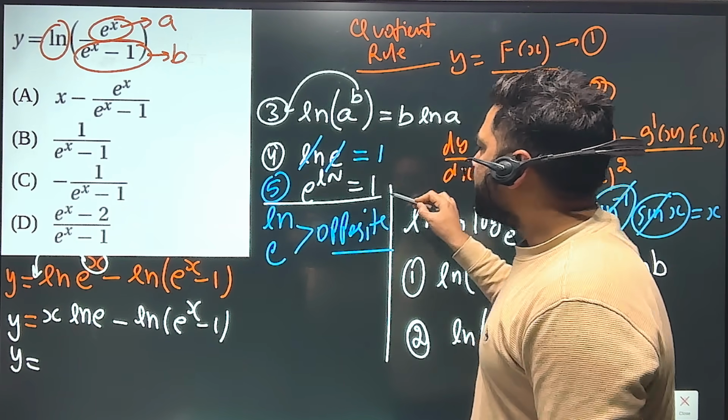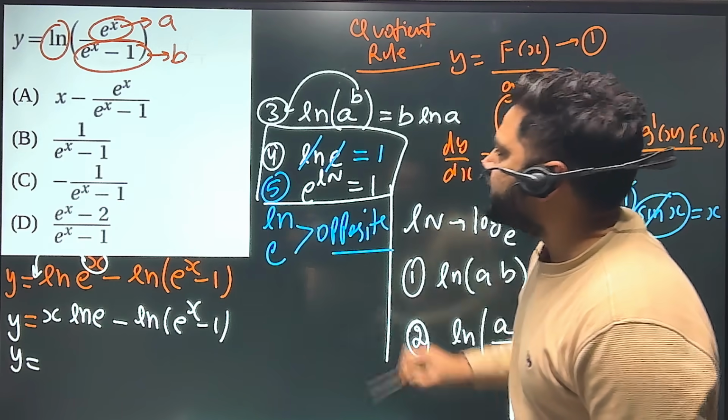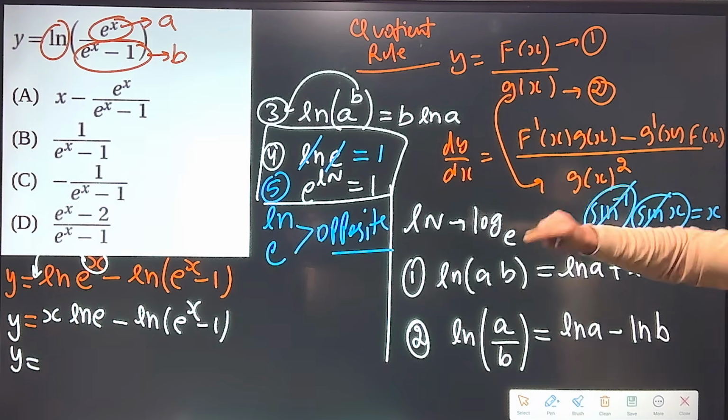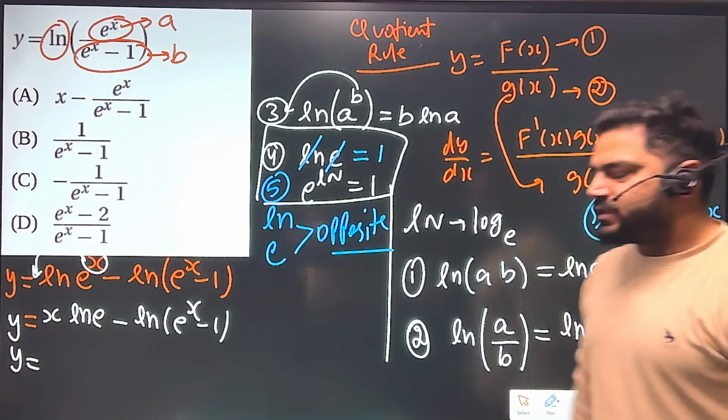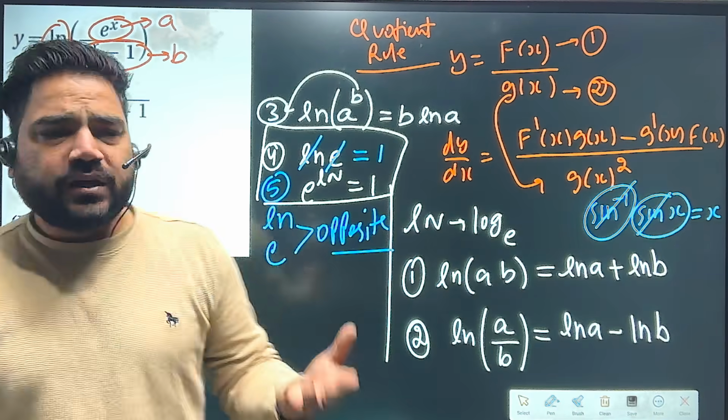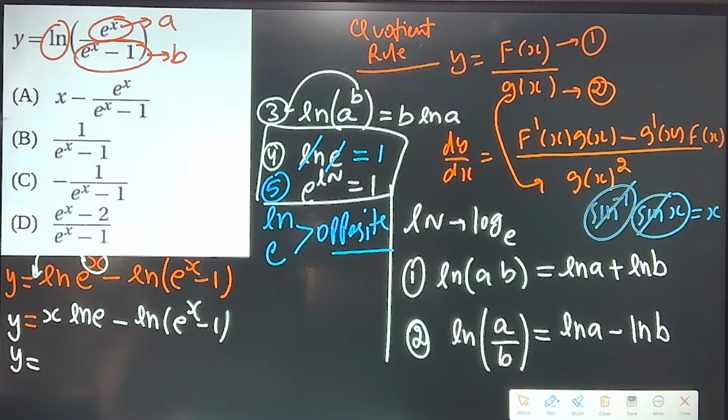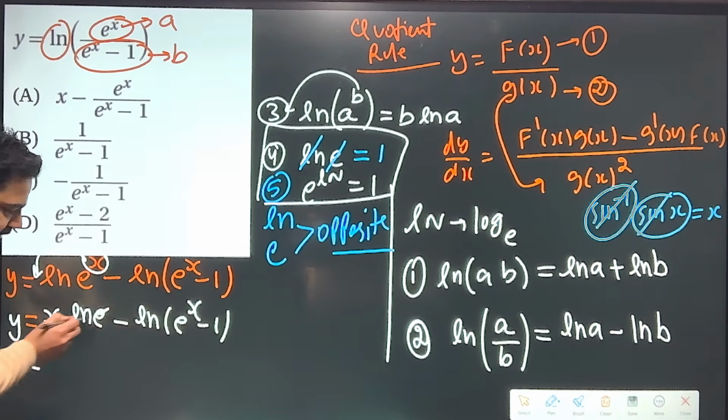You can remember these two very important points. So you can see that here ln e^x will be x, so only x will be left.